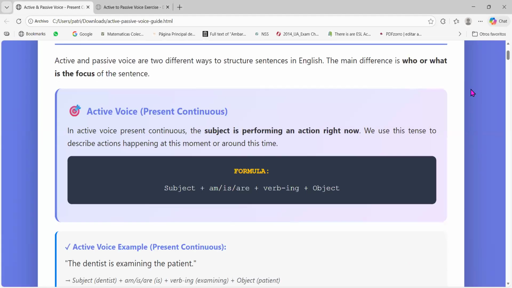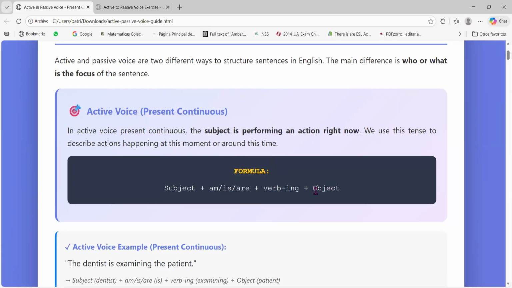The main difference is who or what is the focus of the sentence. Active voice, present continuous. In active voice present continuous, the subject is performing an action right now. We use this tense to describe actions happening at this moment or around this time.